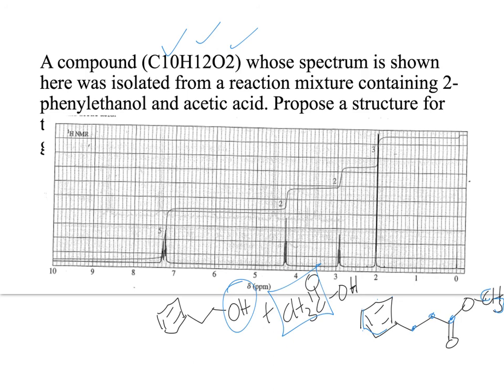Okay, so then let's look. Here's 5 protons. You see the 5? And they're at 7.2, which would be these 5. Okay, so that's your aromatic. Then you have 2 protons here at 4.